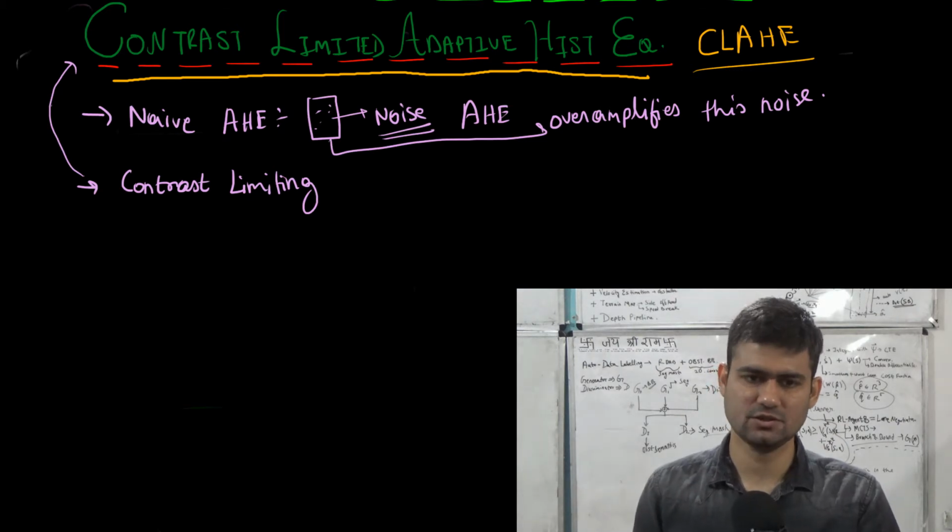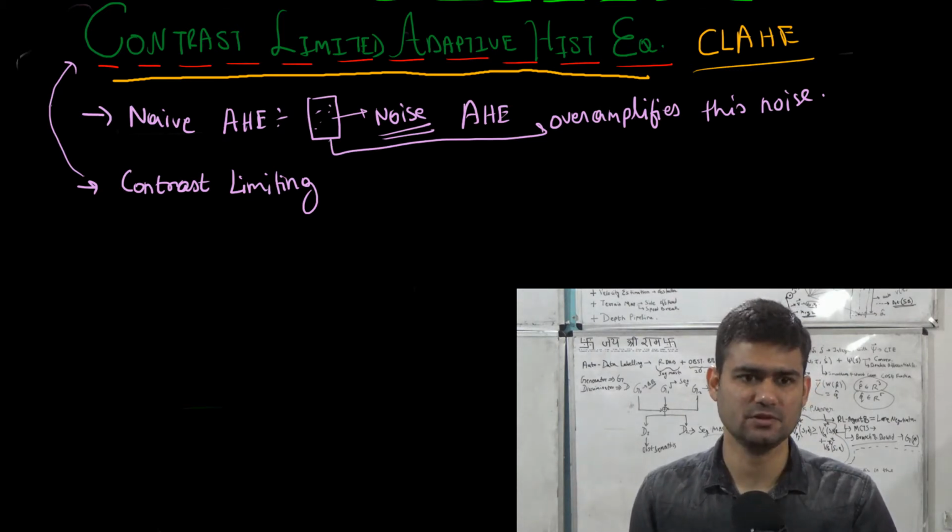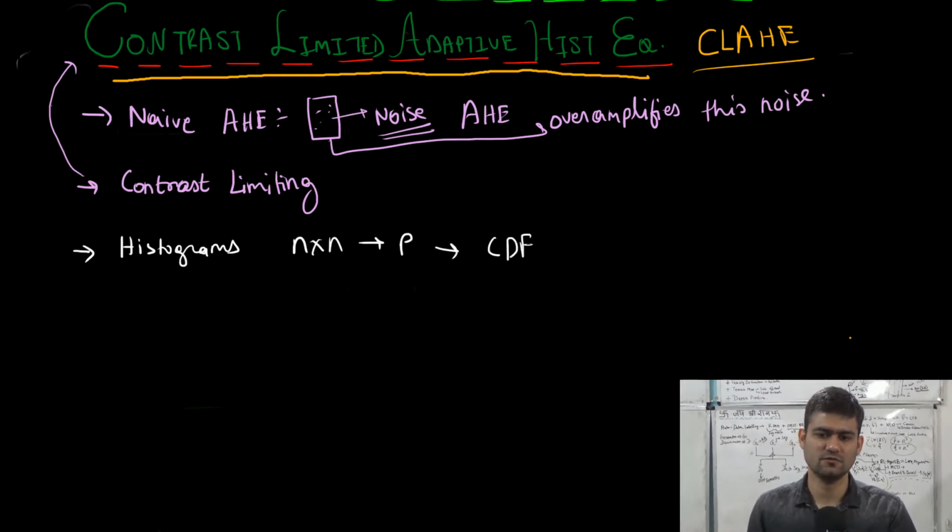So for regular histogram equalization, or even for adaptive histogram equalization, we compute the histograms in each of the n cross n bins separately, and then we compute the transformation function. We compute the cumulative distribution function, which gives us the transformation function for each of the bins.